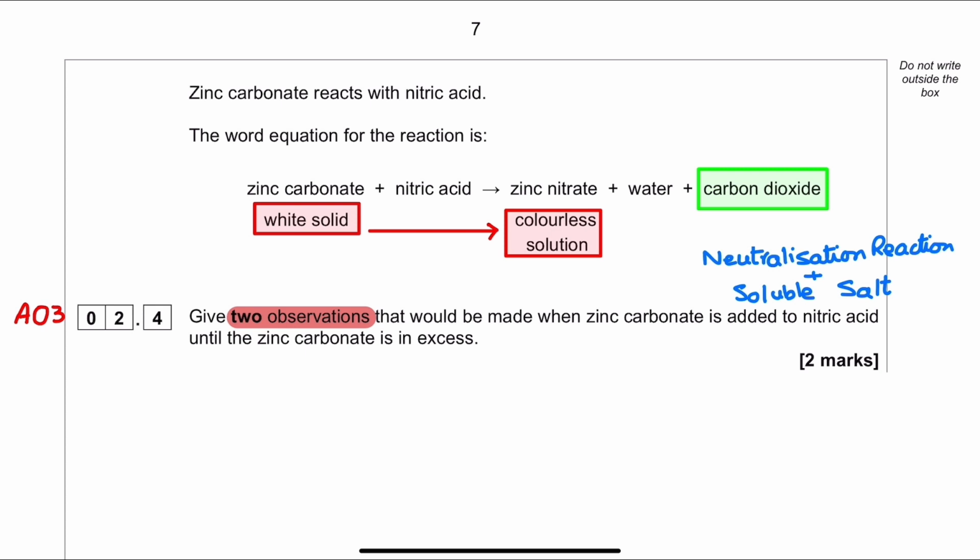Zinc carbonate is a white powder, and the white color disappears and becomes a colorless solution. That is the first observation. The second observation is that carbon dioxide gas is formed. When all the carbon dioxide is formed and it frees out, it means the reaction will stop.